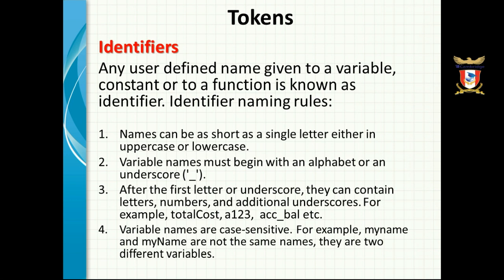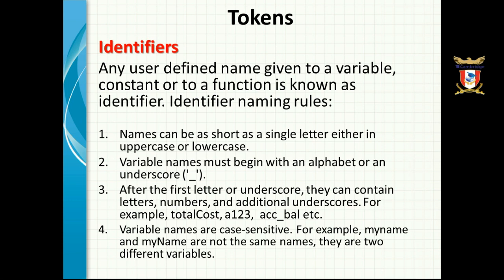The next rule: an identifier name can use only underscore as a special character. That means you can't use any other special symbol inside the name, at the start of the name, or at the end of the identifier name. Only underscore is the symbol you can use.